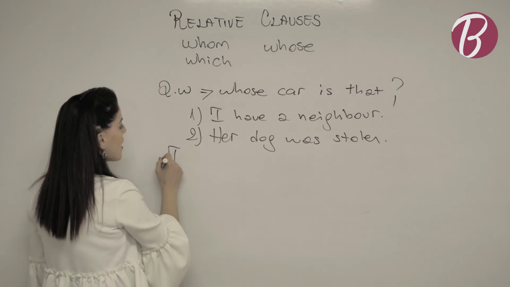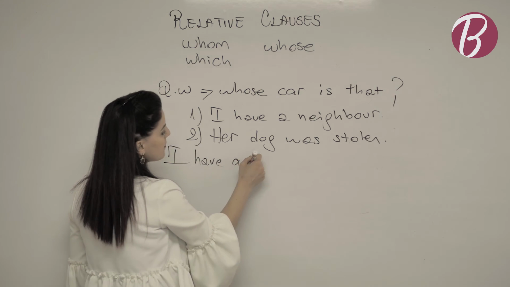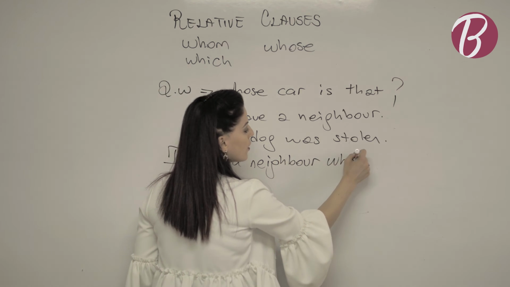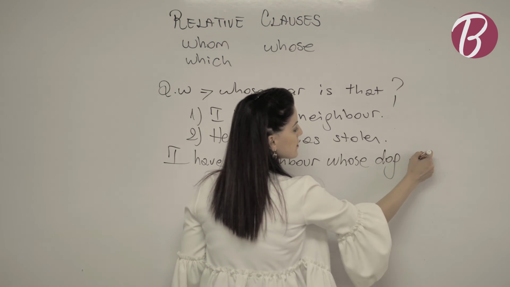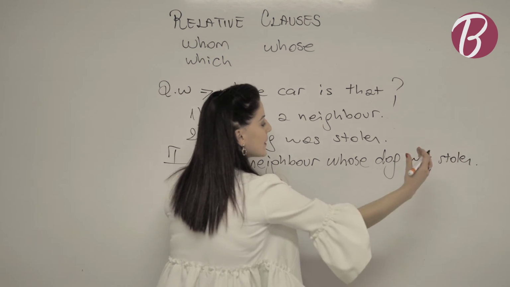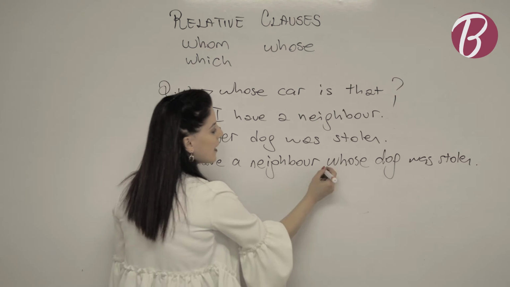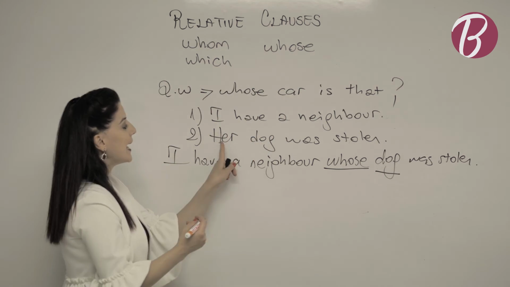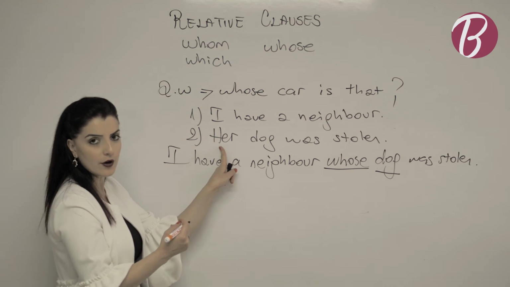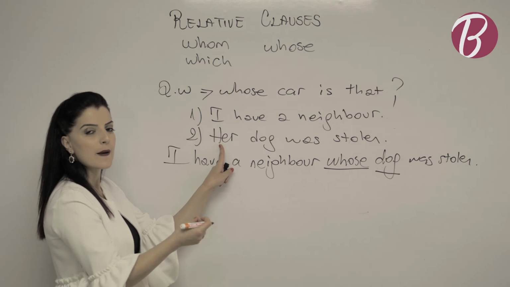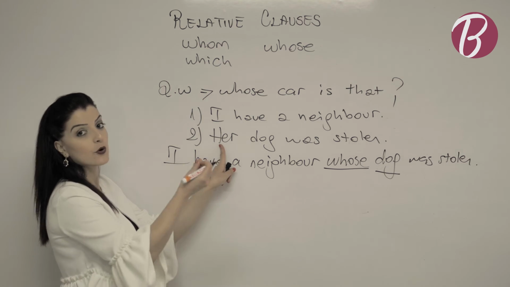Let's see. I have a neighbor whose dog was stolen. So while combining them, I should be careful. I should use, instead of her, instead of the possessive adjective, her, my, your, or his.